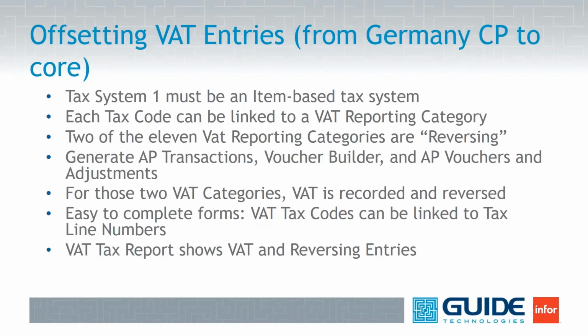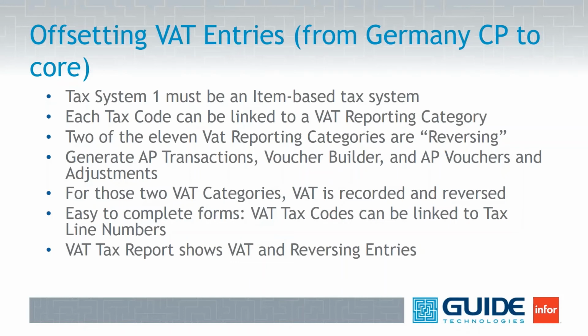Offsetting VAT entries. A couple caveats here. The tax system one must be an item-based tax system. Each tax code can be linked to a VAT reporting category. 2 of the 11 VAT reporting categories are now reversing.